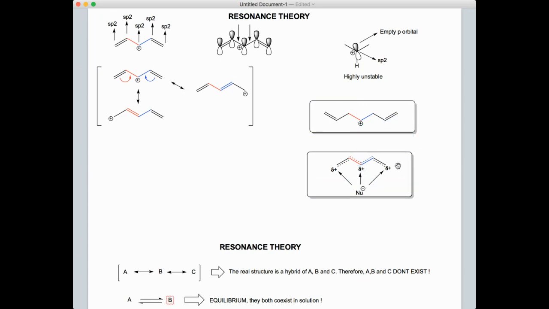So if we compare these 2 carbocations, the one on top and the bottom, do they have the same stability? I want you guys to think. What do you guys think?